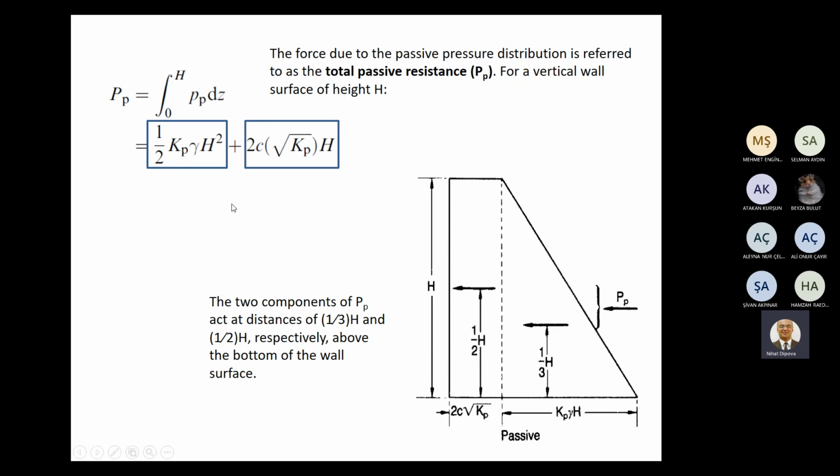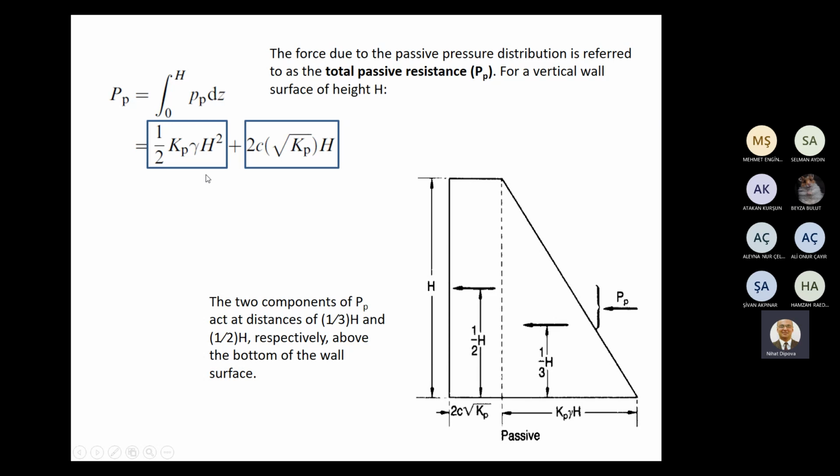The force due to the passive pressure distribution is referred to as the total passive resistance, PP, for a vertical wall surface of this height, and can be calculated using this equation.